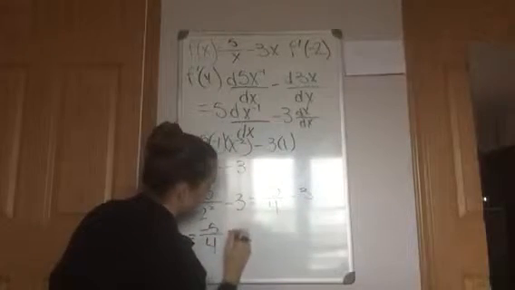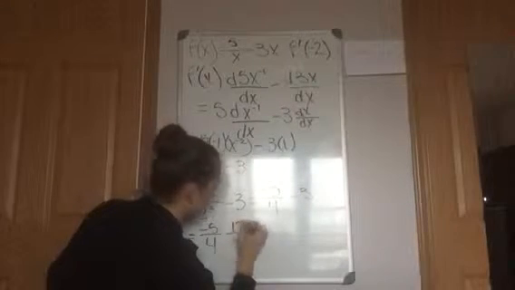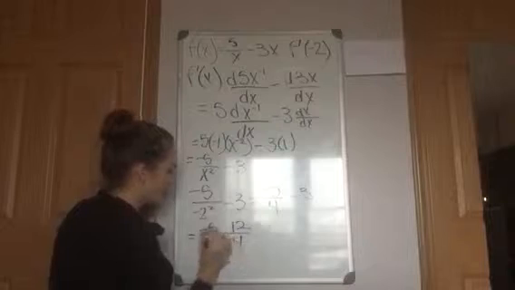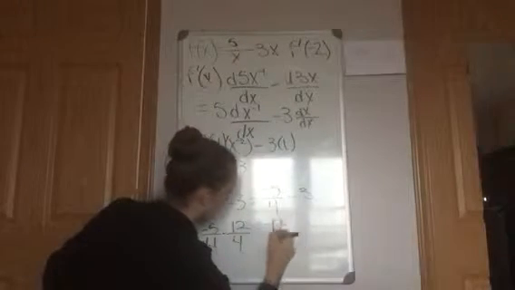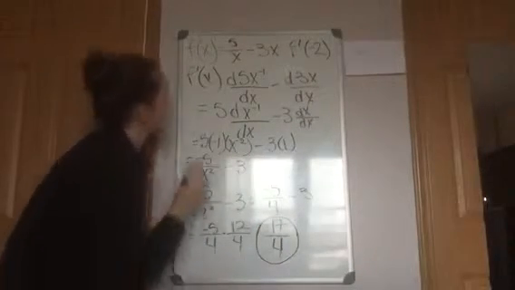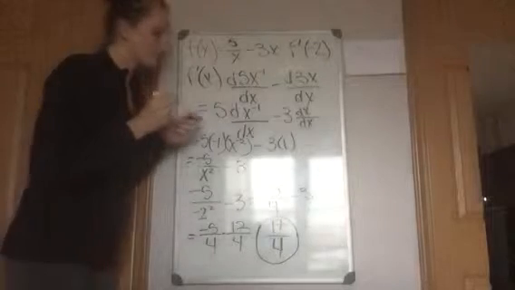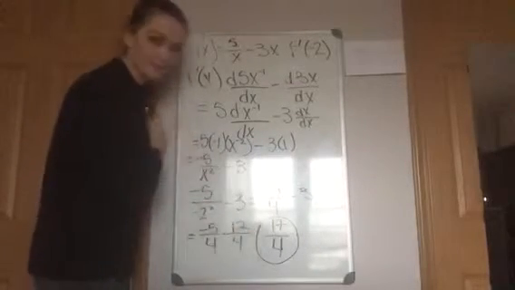To get this to 4, we're going to multiply by 3 to get 12, so -5 minus 12 is -17 over 4. So the derivative of f of x at -2 is -17 over 4.